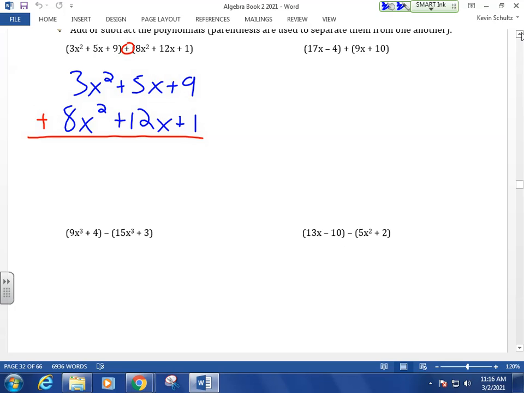So 3x squared plus 8x squared gives us 11x squared. 5x plus 12x is 17x. And 9 plus 1 is positive 10. That's it. Seriously. Like I said, there's no equal sign, right? So we're not solving for the value of x, but we have combined these two expressions with addition.